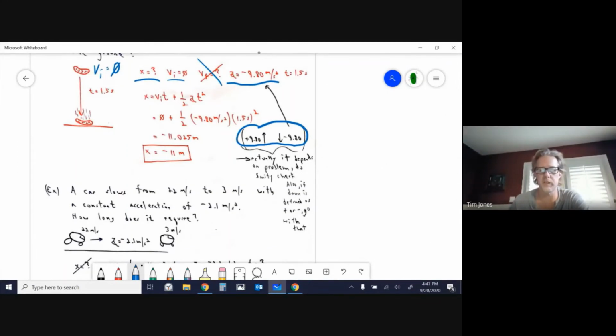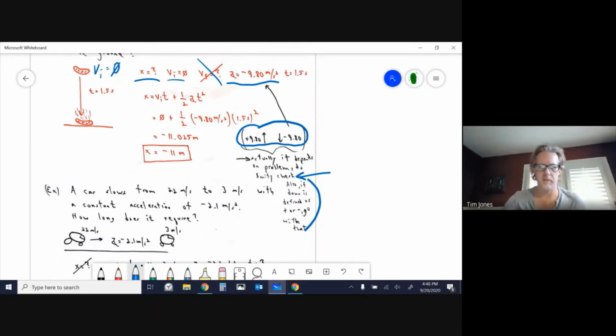So make sure you do a sanity check. Do what makes sense and then check your answer to make sure it works. Because if your answer doesn't make sense, there's a good chance you put the wrong sign. Also, pay attention to what the problem says. If the problem defines down a certain way or up a certain way, go with what they say. But otherwise, a good way to start is to let gravity be negative.